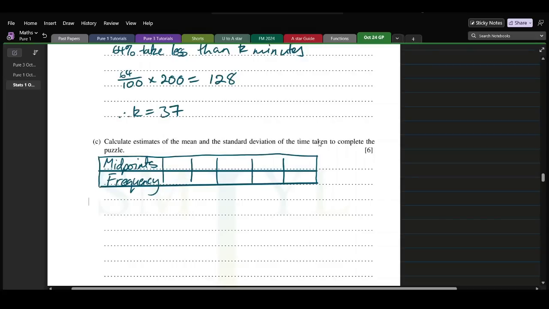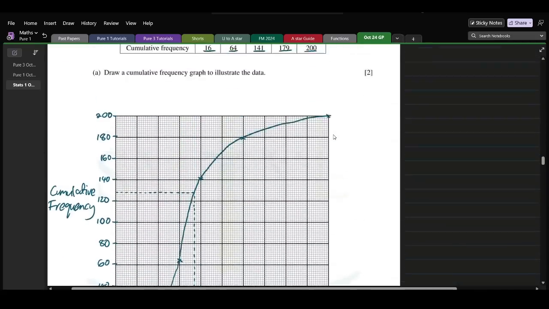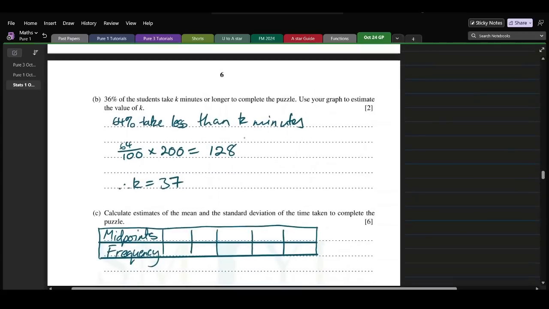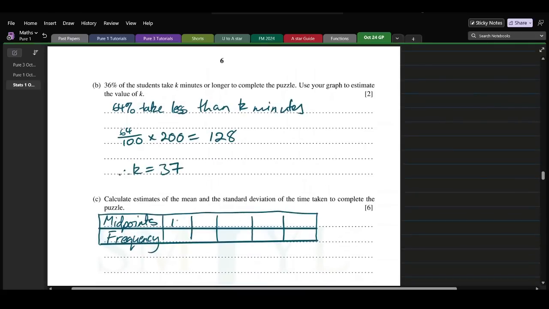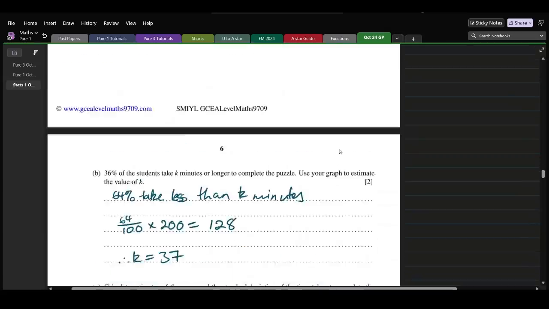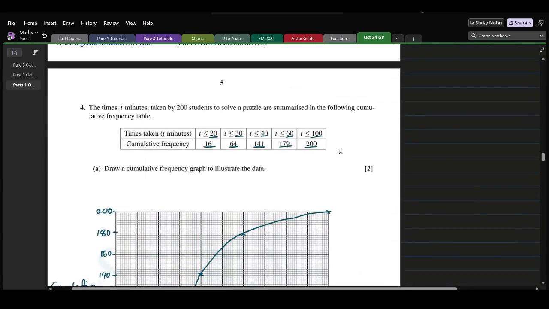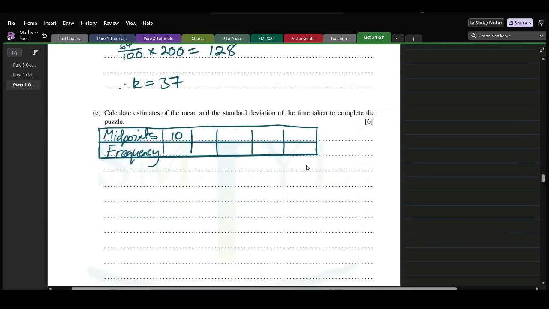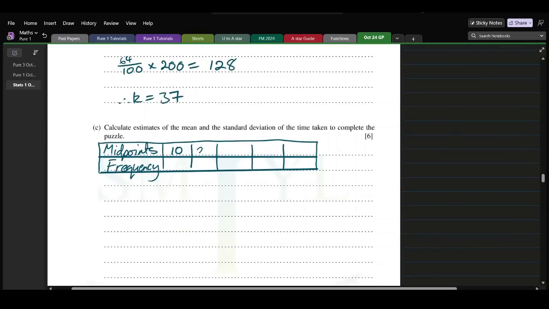Alright, so let's start by finding our midpoints. For the first class, it's running from 0 to 20. That means its midpoint would be 10. And then the second class is running from 20 up until 30, so its midpoint is 25.